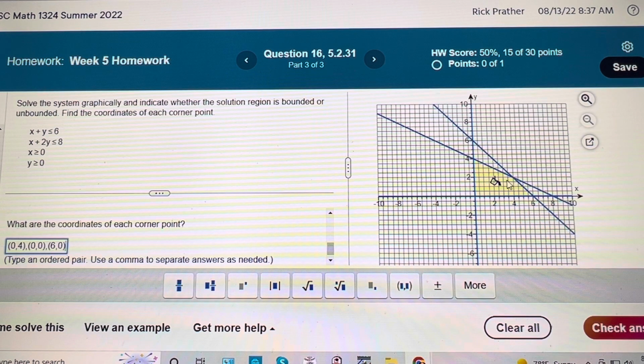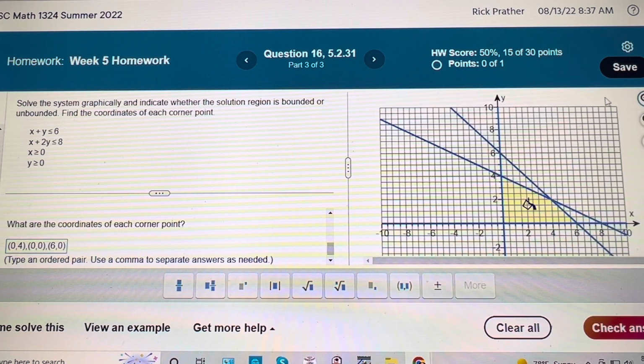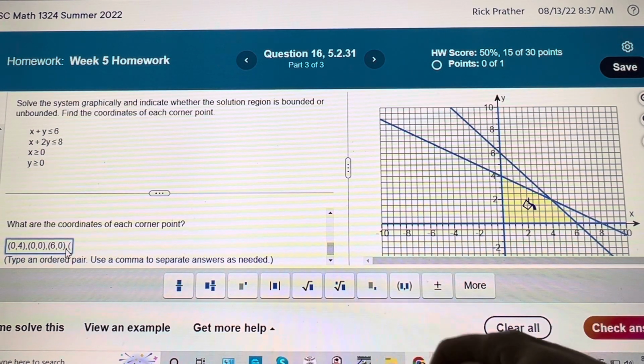And sometimes with these kind of graphs, especially if you blow it up, you can probably eyeball it and tell that that's 4, 2. And if you're doing it by hand on your own piece of paper and you can't really tell because you have just a sketch of a graph, sometimes that happens. Another way to tell is to solve these first two inequalities either for x or y.